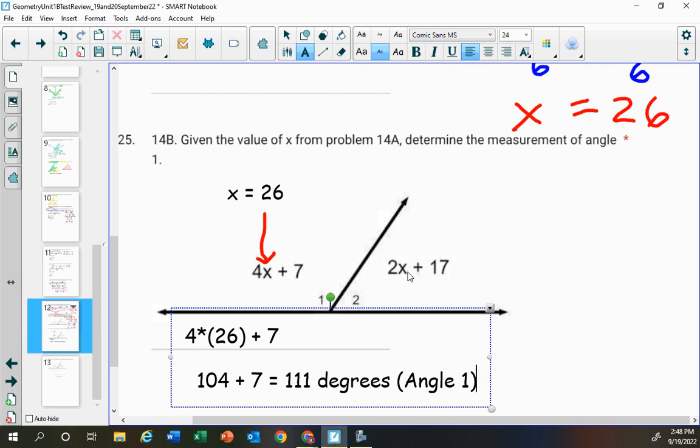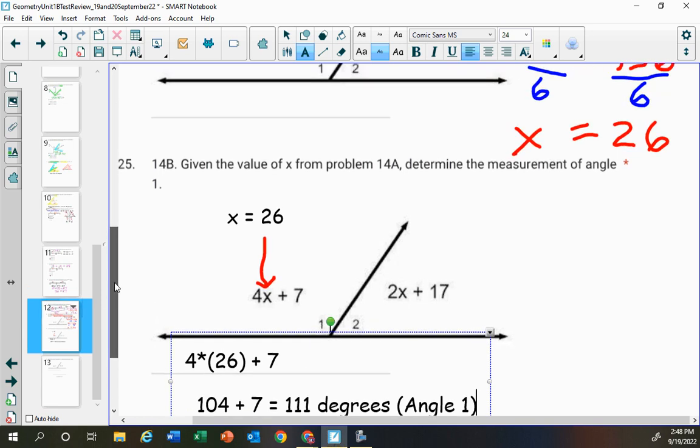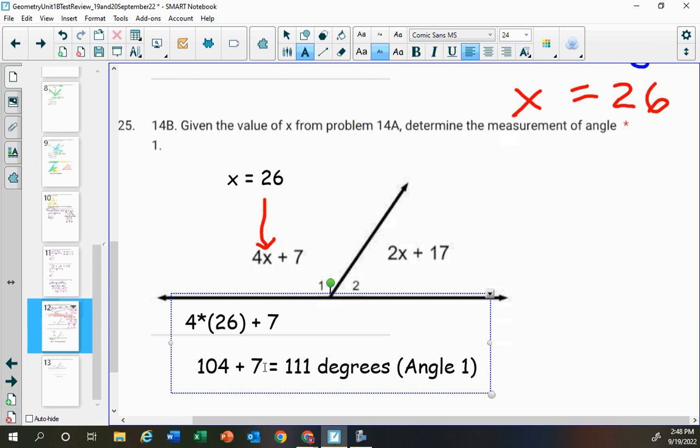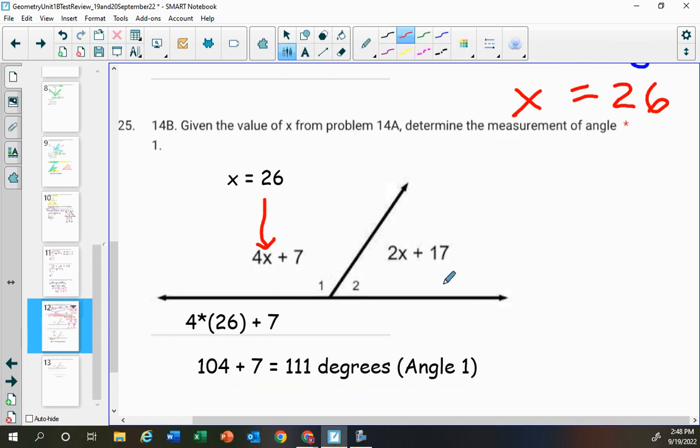And then angle 2, I'll put it up in a second. It's on the last page, angle 2. Basically, you're doing the same thing. You're going to plug that in over here too. This side is 111. This side has to be 180 minus 111.